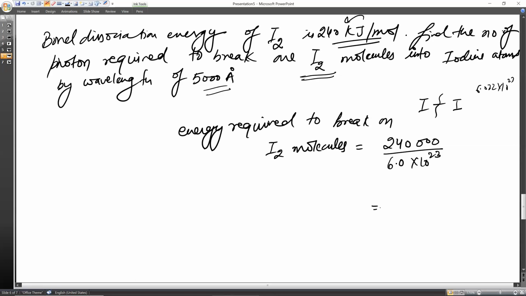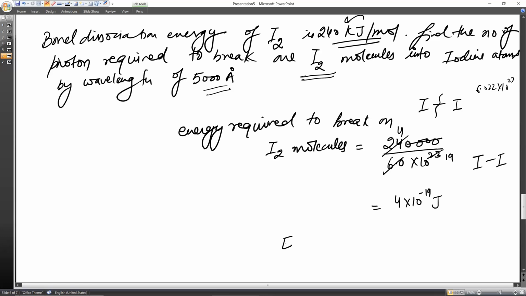Okay, got it? So you cut it like this way. The 4 will be cut here, 10 power 19. And you will divide it by 6, you will get 6 4 is 24. So you will get 4 into 10 power minus 19 joules of energy will be required to break only one I2 molecule. Understood?